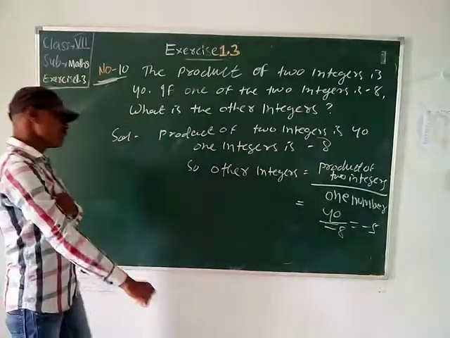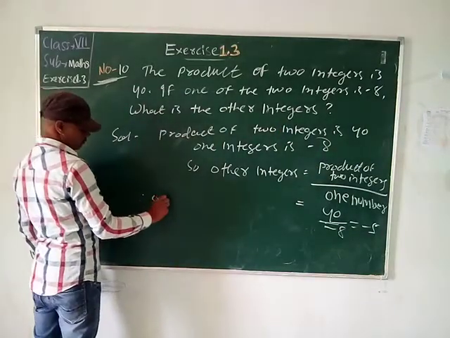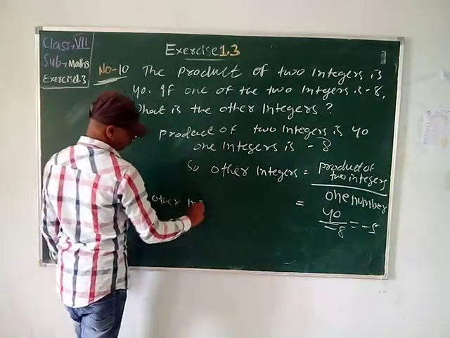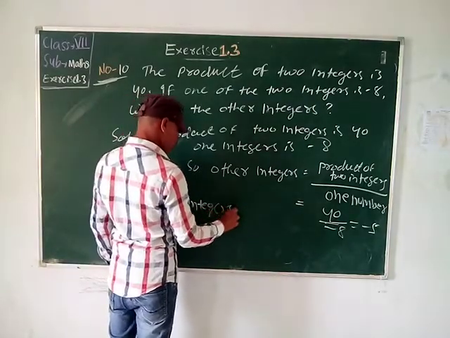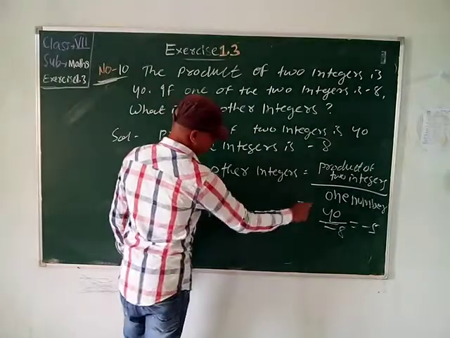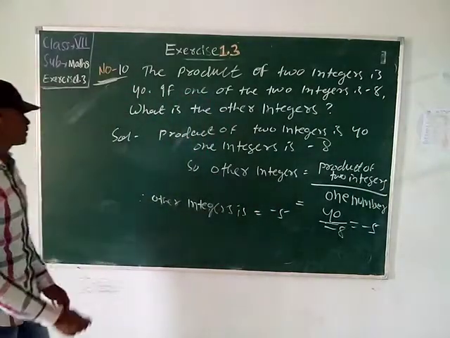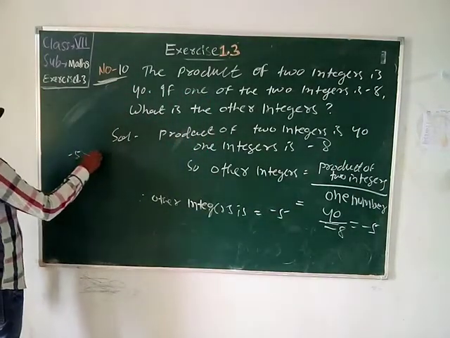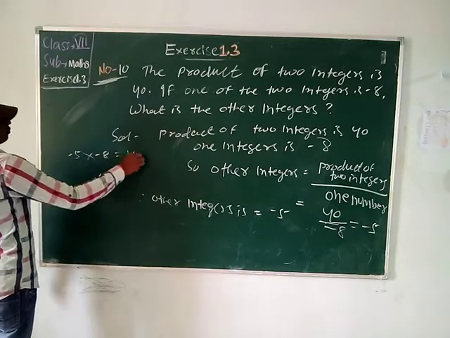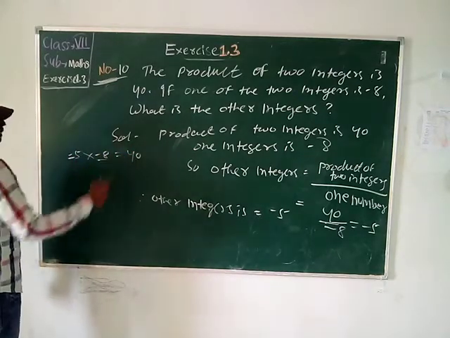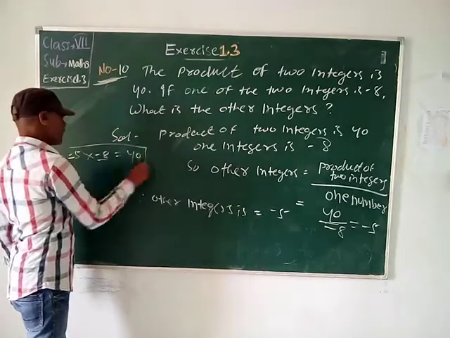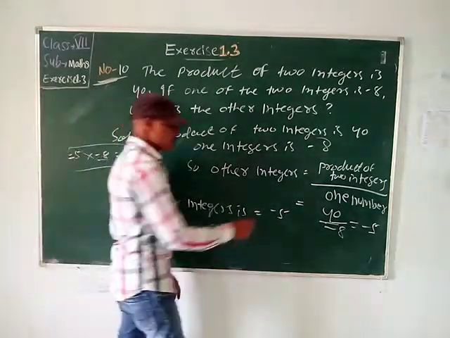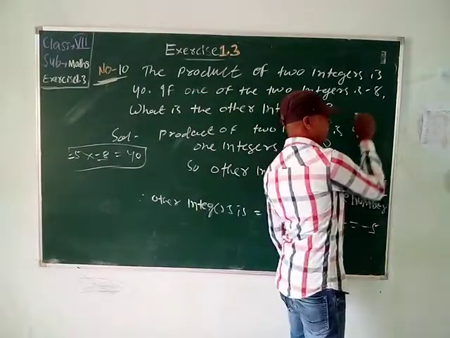Hence the other integer is minus 5. Now if you want to verify it, minus 5 times minus 8 equal to 40. That is the result. Similarly, the other integer could be 5 when one integer is minus 8.